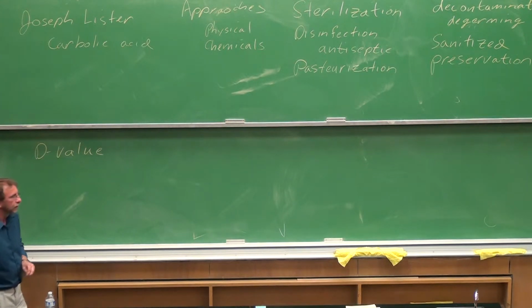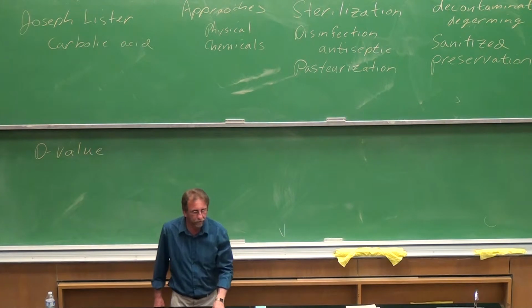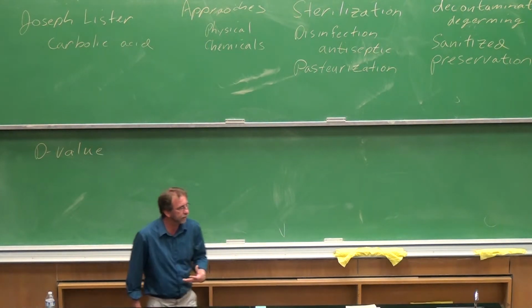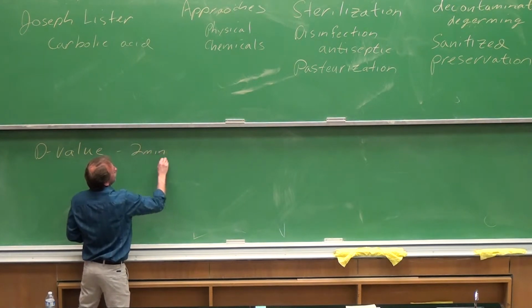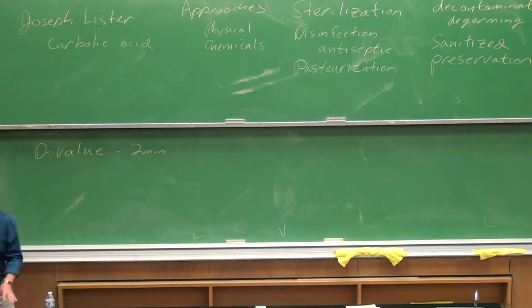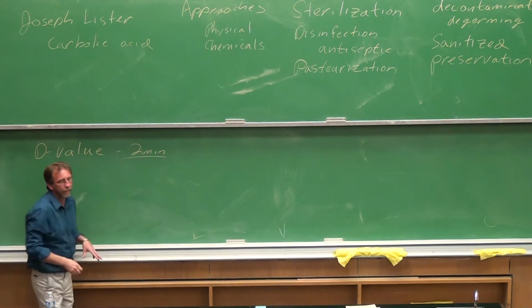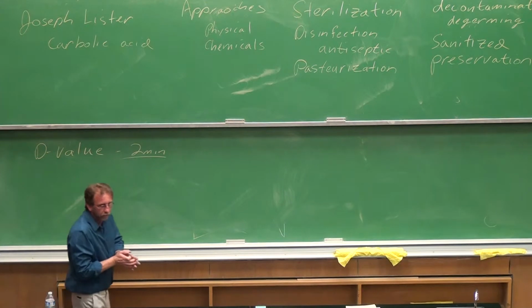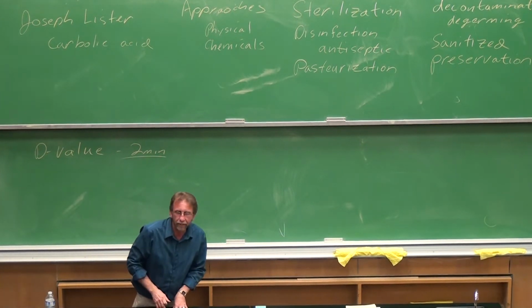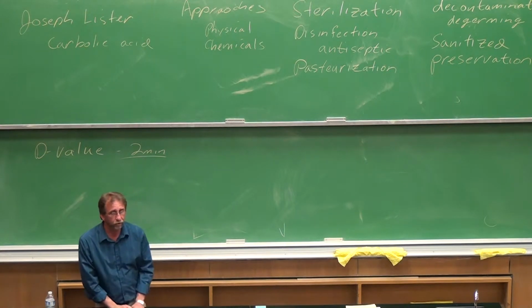We can talk about agents and cleaners that have a D time of, say, 2 minutes, or 3 minutes, or 5 minutes, or a few seconds. What this means is that when we expose the microbes to that agent, 90% of those microbes will be killed in the first 2 minutes.